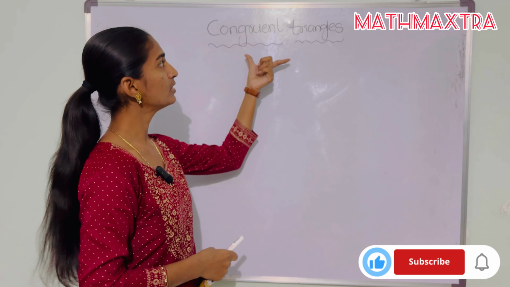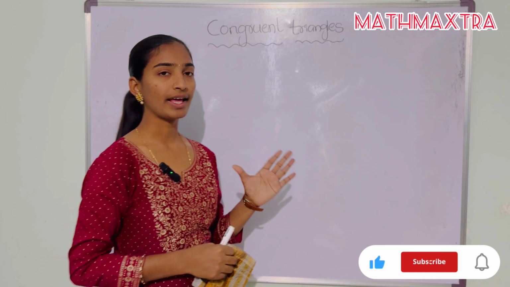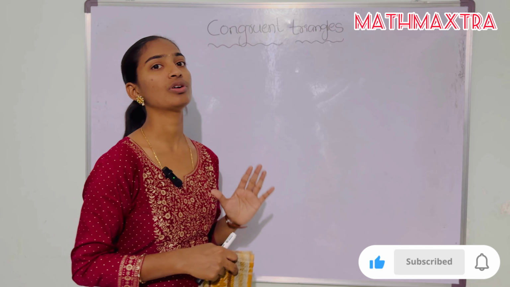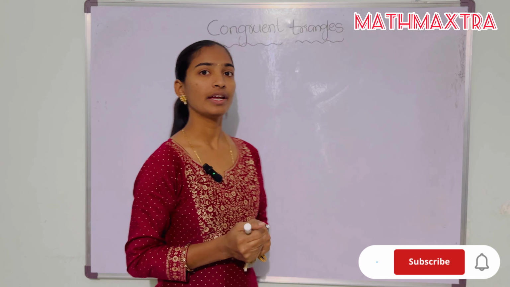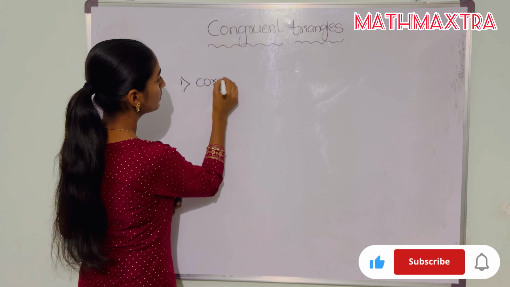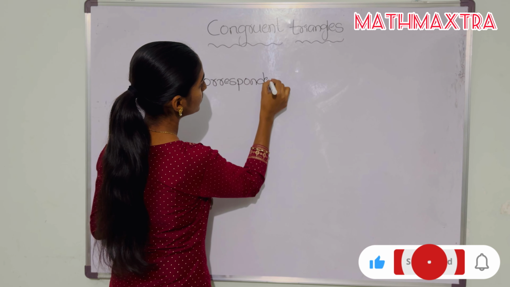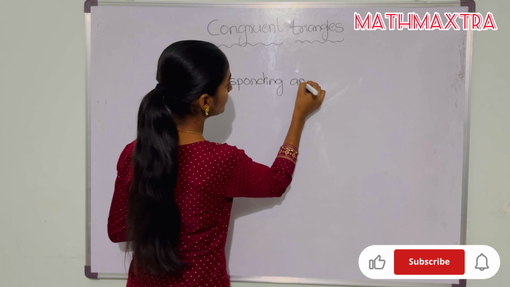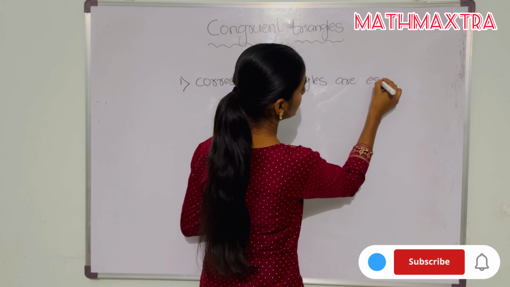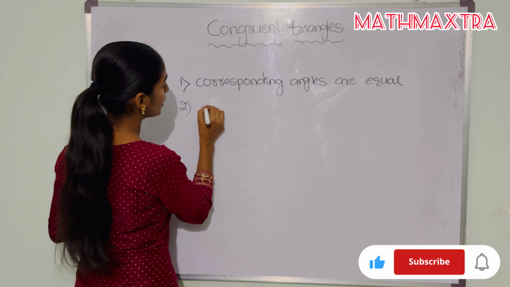Now we will discuss congruent triangles. Two triangles are congruent to each other if they have corresponding angles equal, as well as corresponding sides equal.